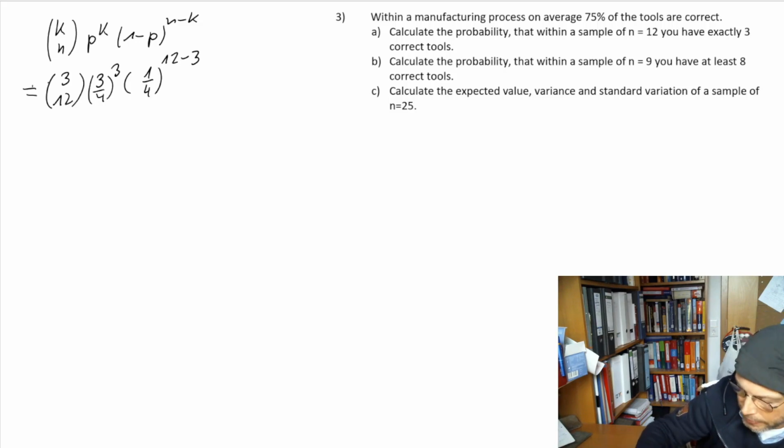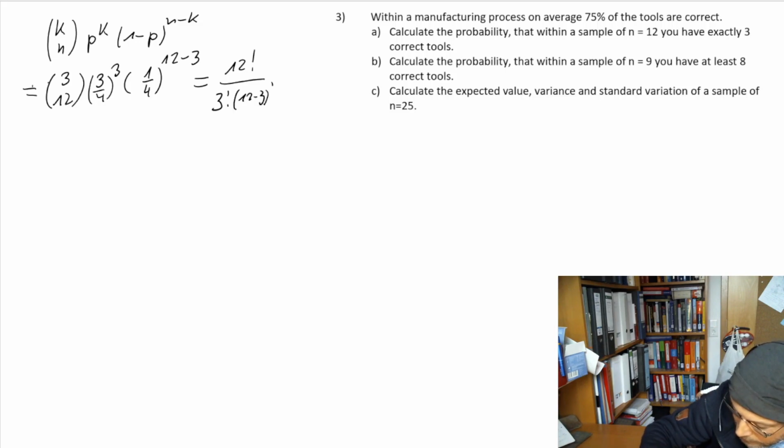So we will do this in this case so that you see it really slowly. So we have 12 factorial over 3 factorial times 12 minus 3 factorial, times, and here we have fourths, so we have 4 to the power of 12 and 3 to the power of 3, and here fortunately we have 1, and 1 to the power of 9 is of course again 1.